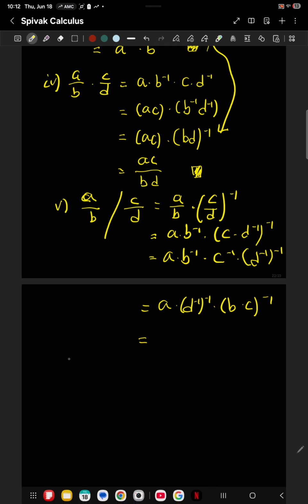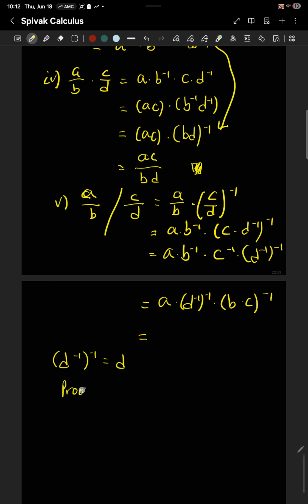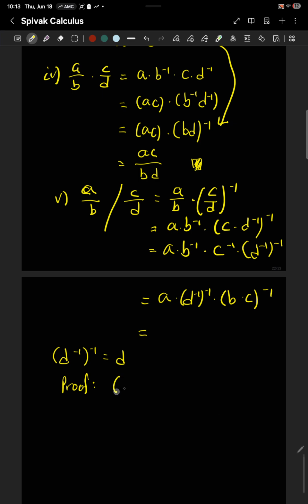So let's prove this now. D inverse of inverse is in fact equal to D. Proof. D inverse times its inverse is 1, and the inverse of 1 is just 1, because 1 times 1 is 1, so 1 is itself its multiplicative inverse as well.